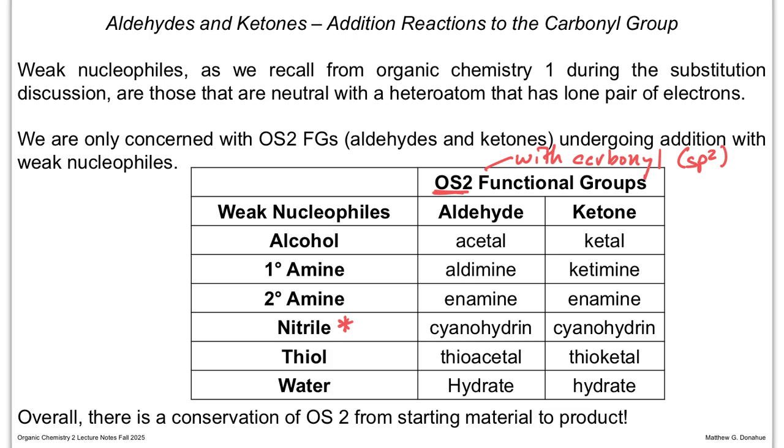When we run this reaction, the product is still going to be oxidation state 2, but now the carbon is going to be sp3 hybridized. So there'll be a little nuance to these things based on what nucleophile we're using and how we move across the periodic table. We'll show some reactions, we'll write some mechanisms, and a lot of this stuff is based on proton transfers.